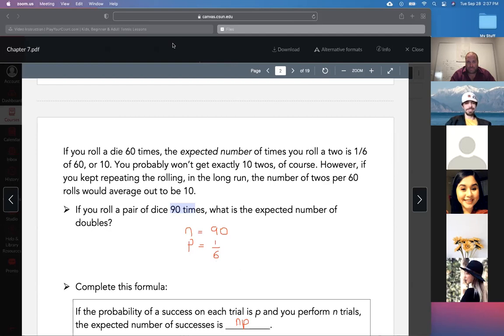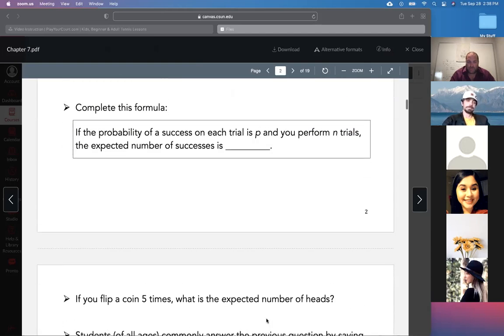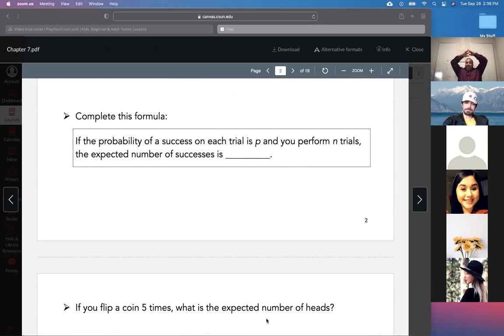I apologize. It's okay. I'll forgive you this time. Okay, so NP is the expected number of successes when you perform N trials with a chance of P each time. So for example, if you flip a coin 5 times, what is the expected number of heads?